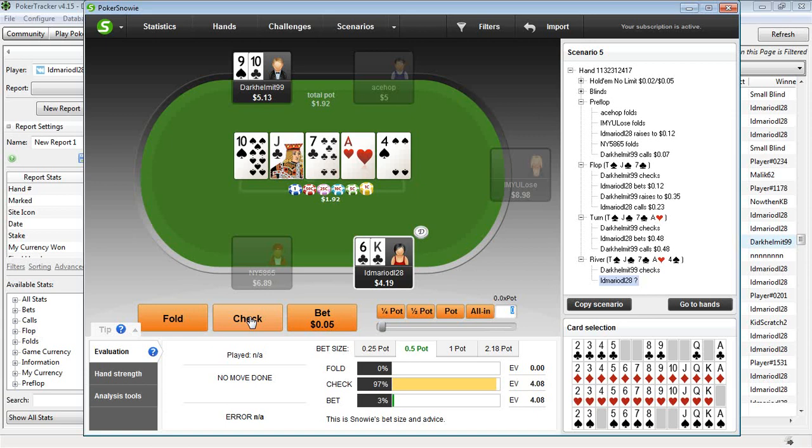Let's say he had king jack offsuit, maybe he would fold when that ace comes out. Maybe any 10 he has will fold when that ace comes out and I bet a double barrel. So okay, there are hands that I can bet. So we can bet here.